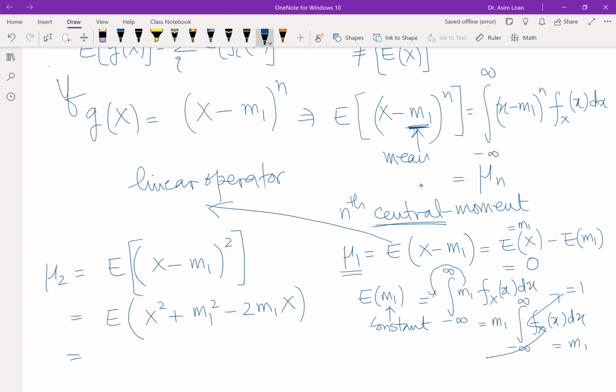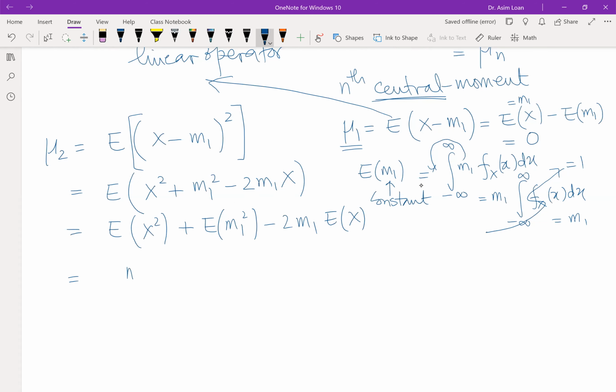Because expectation is a linear operator, this is the expectation of x square plus the expectation of m1 square minus 2 m1 times the expectation of x. This one is m2, this is m1 square, and this is minus 2 m1 times m1, so minus 2 m1 square. So this is m2 minus m1 square.